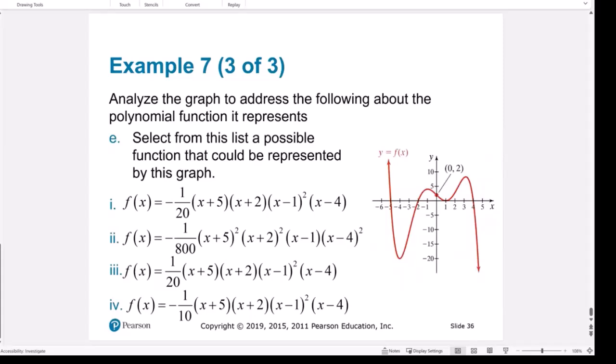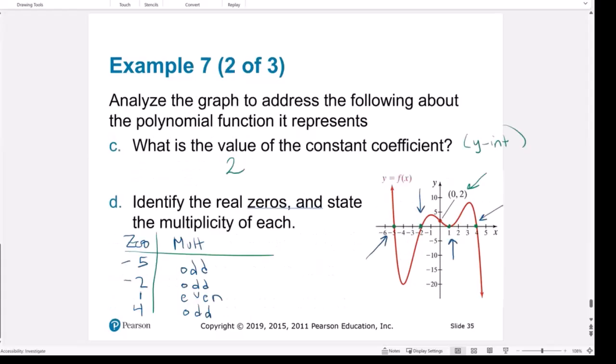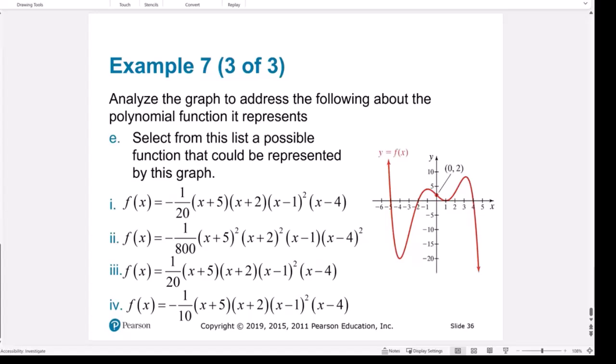Now, what are my possible functions? Well, I know that the only one that can be even is the 0 at 1, which would look like x minus 1. X minus 1 has to be even, so it can be that one. It cannot be this one because here it's odd. Everything else is odd.